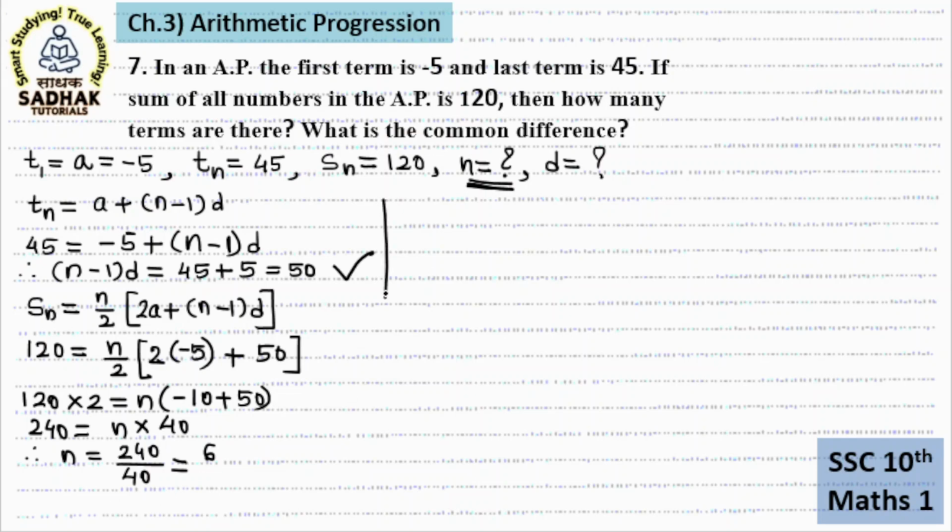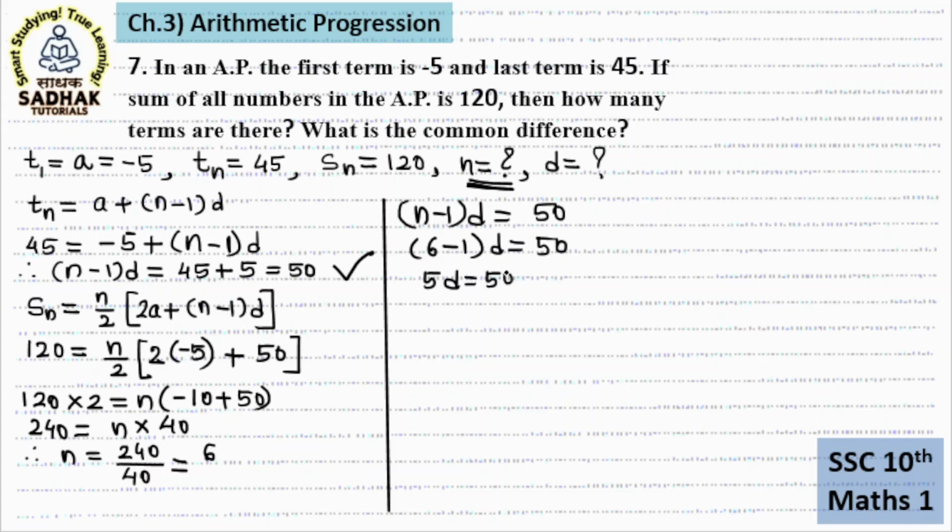Now for finding d, we can use this equation: (n minus 1)d is equal to 50. In this we can substitute the value of n, which we know is 6. So (6 minus 1) multiplied by d is equal to 50. 6 minus 1 is 5. Therefore 5d is equal to 50.